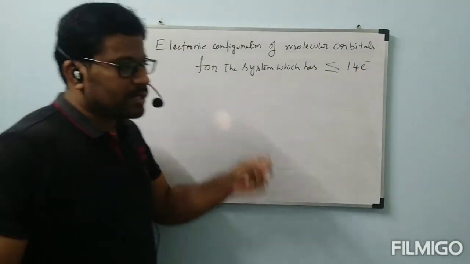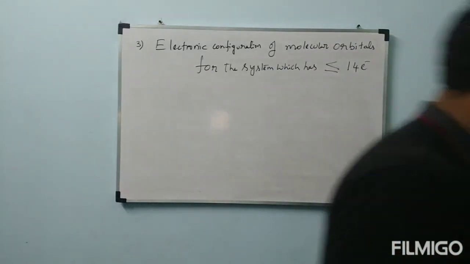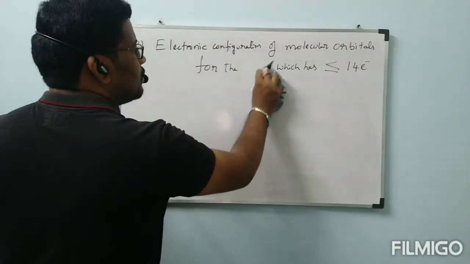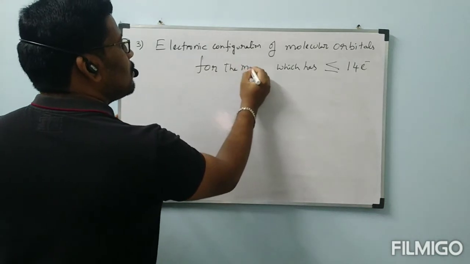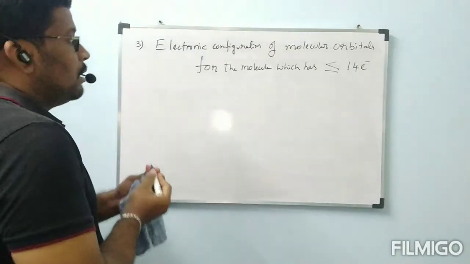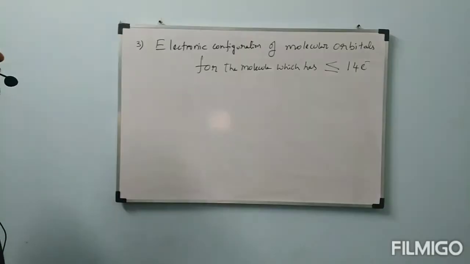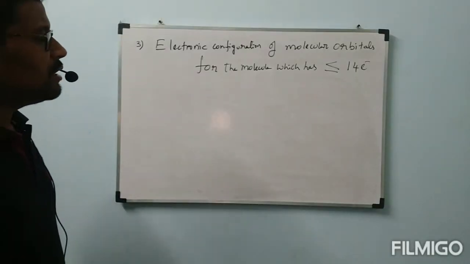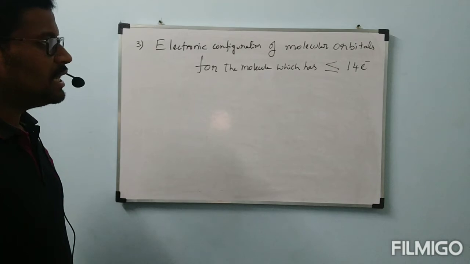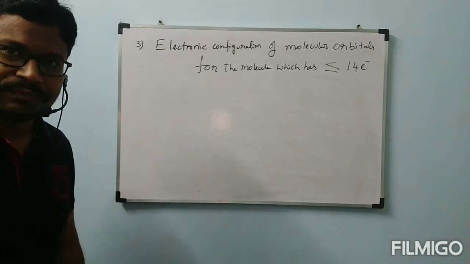System is nothing but the molecule. Instead of system, let us write molecule. Keep the side heading like this: electronic configuration of molecular orbitals for the molecule which has less than or equal to 14 electrons.